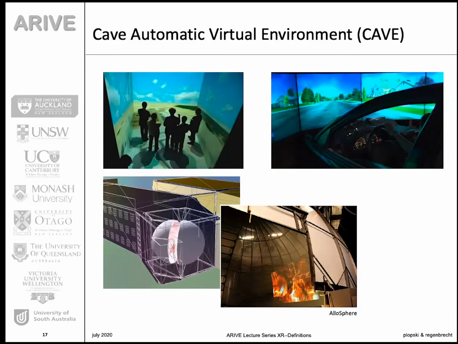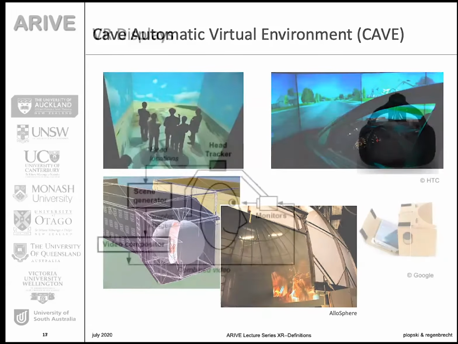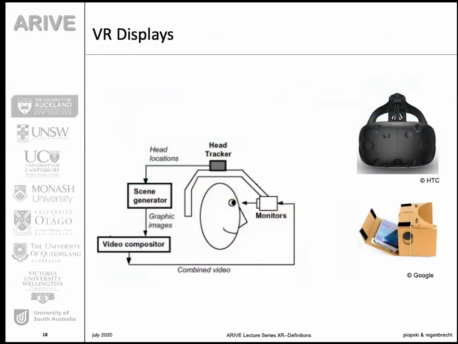But of course, we cannot easily put all of this in our homes. And nowadays, we luckily have very cheap virtual reality displays that we can buy that provide high fidelity information. So the VR displays are simply a monitor right in front of the user's eyes.